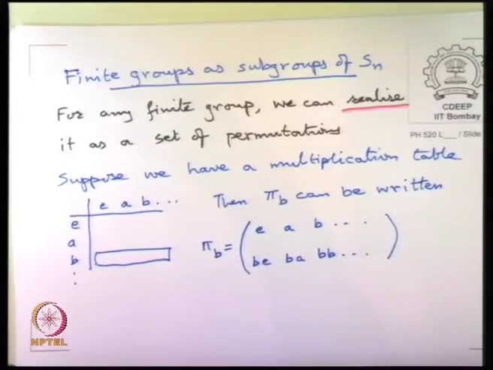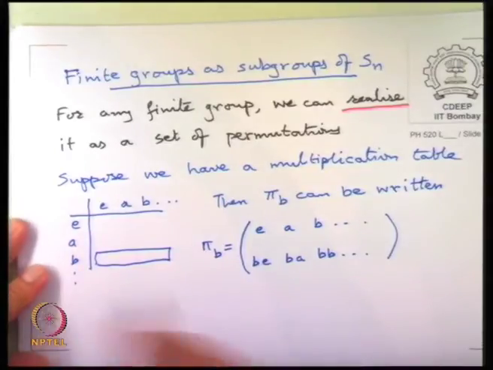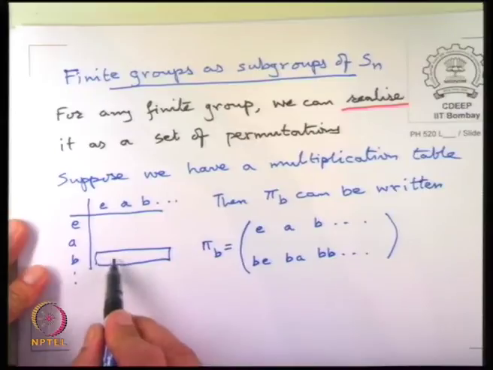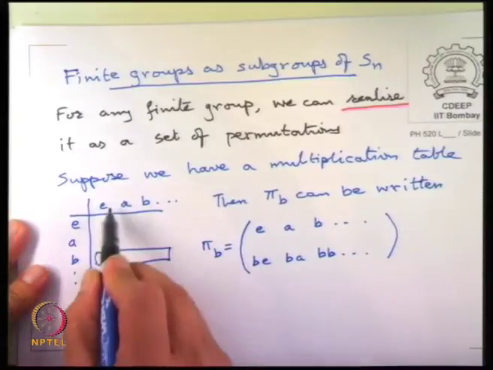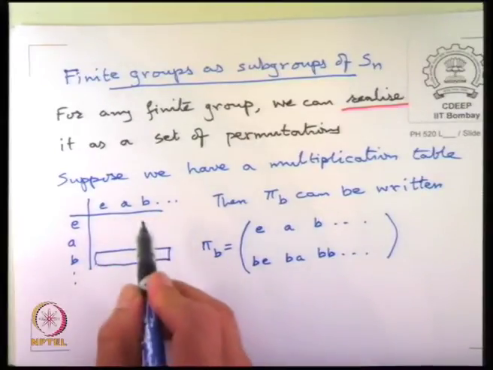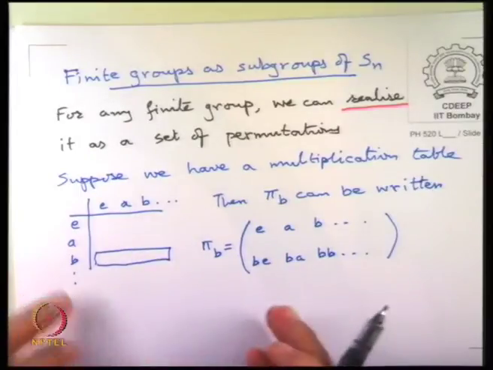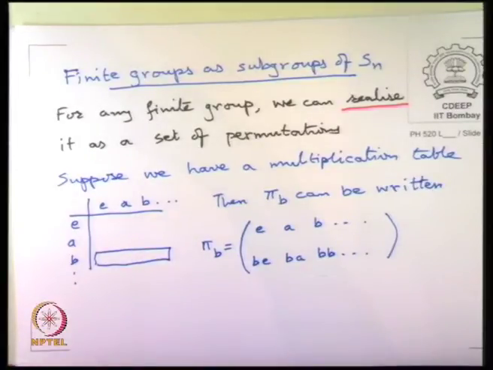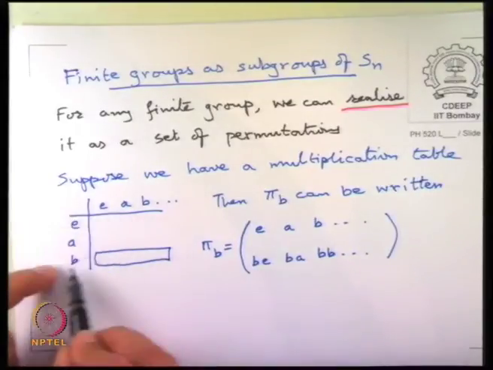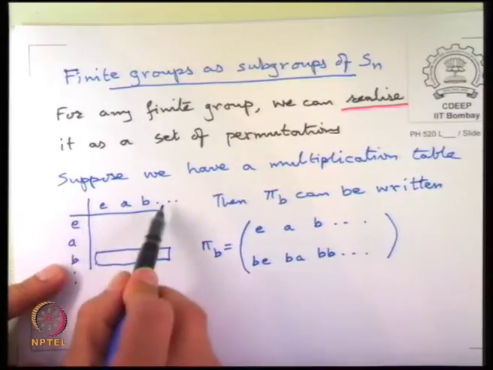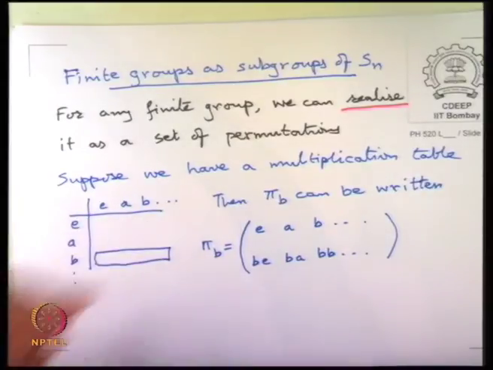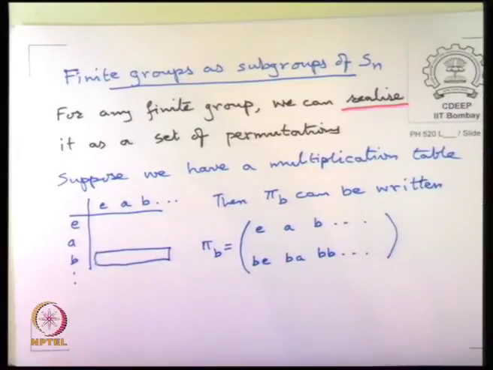And remember that this relies very crucially on the group properties, that the group multiplication gives unique answers. You can't have AB equal to C and AF also equal to C. So the effect of B multiplication here is exactly just a permutation of the elements of this.